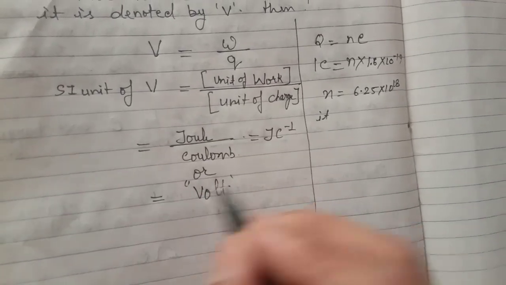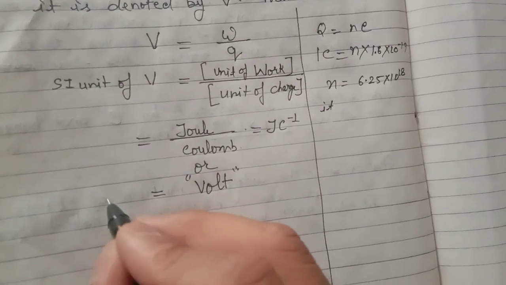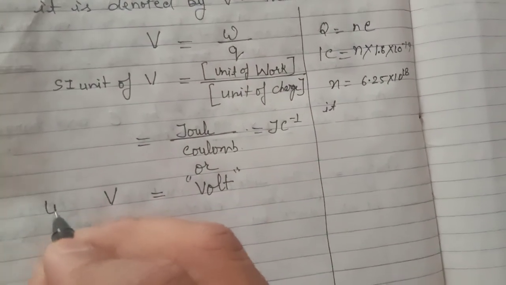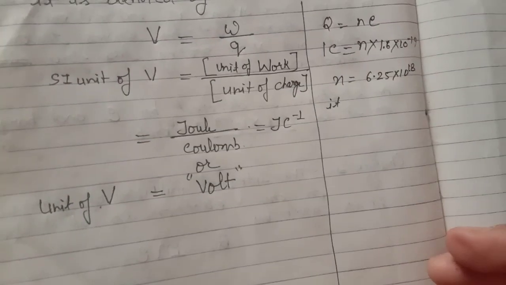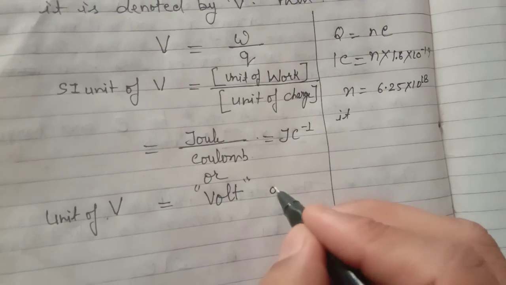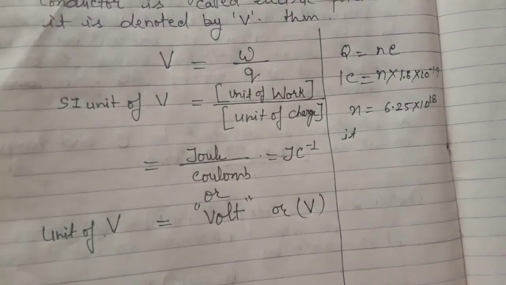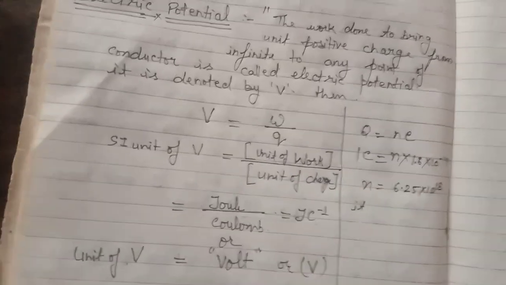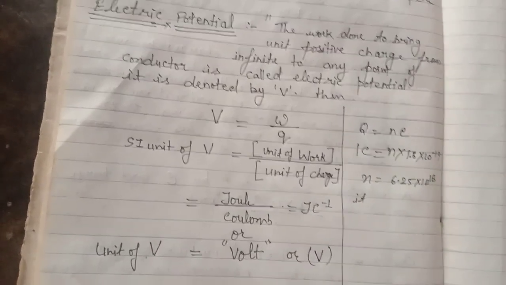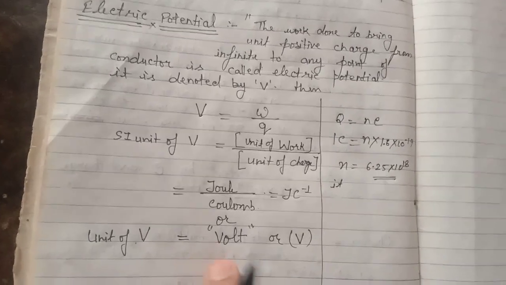The unit of V is volt. It can be abbreviated as V. Now, this is voltage, electric potential.